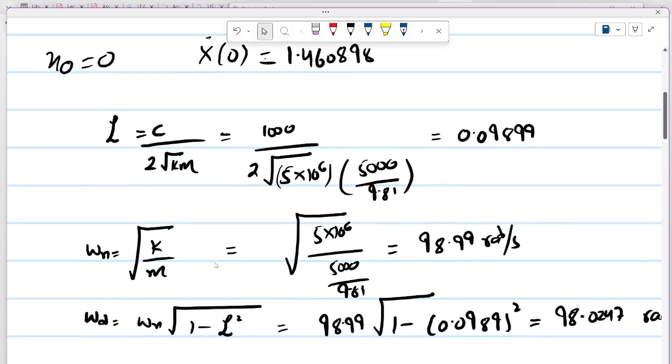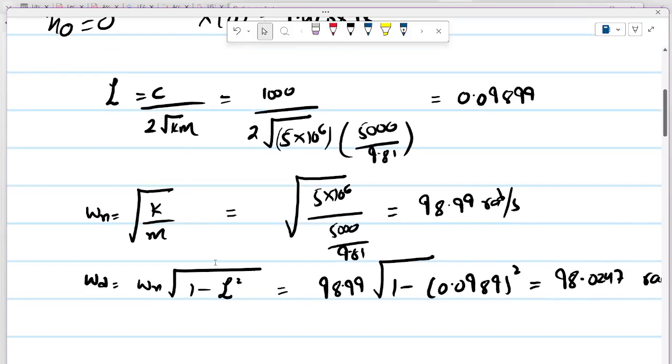So we know the natural frequency, we know the damped natural frequency, we know the damping coefficient. So the displacement of our system we can directly find out.